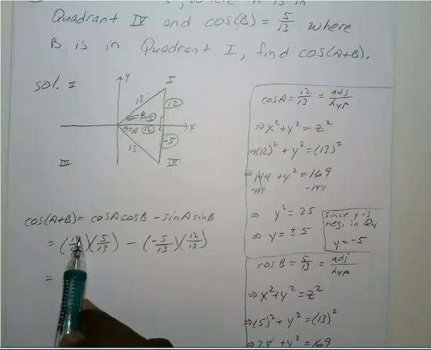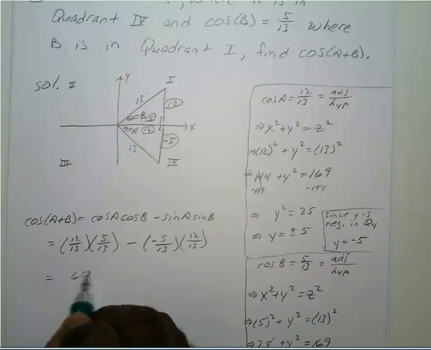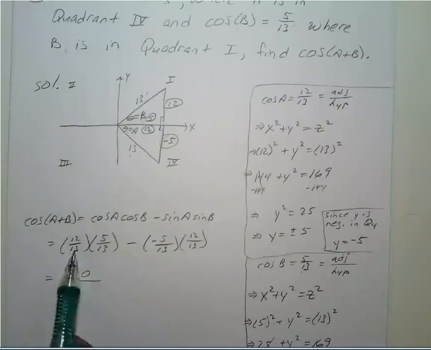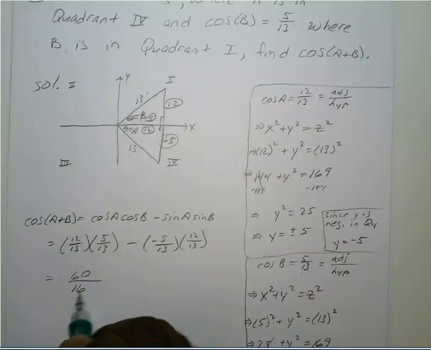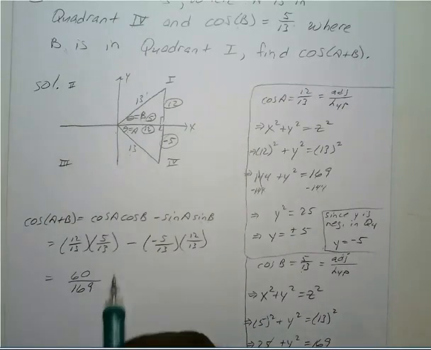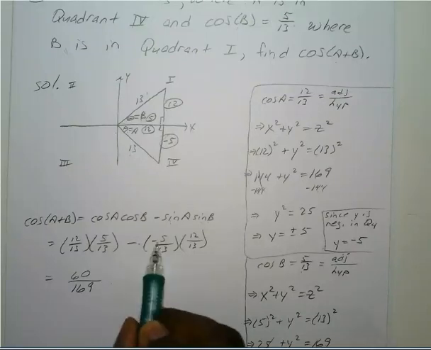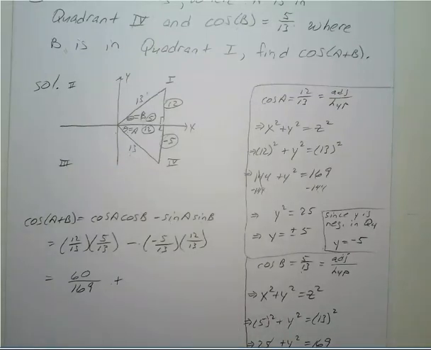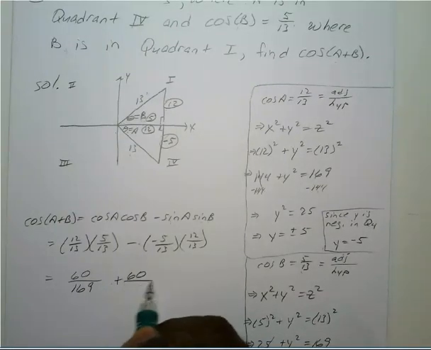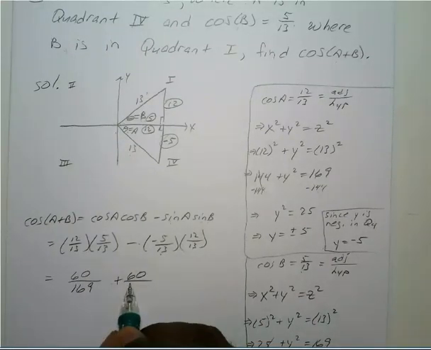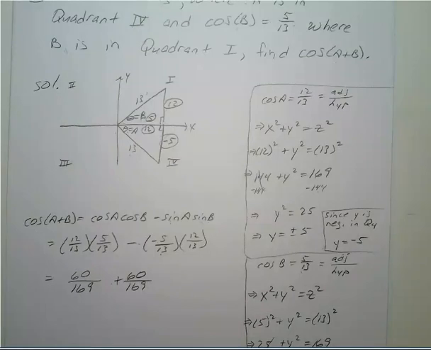Okay, so we have 12 times 5, which is 60, over 13 times 13, which is 169, minus negative, so this becomes positive. So you have 5 times 12, which is 60, over 13 times 13, which is 169.